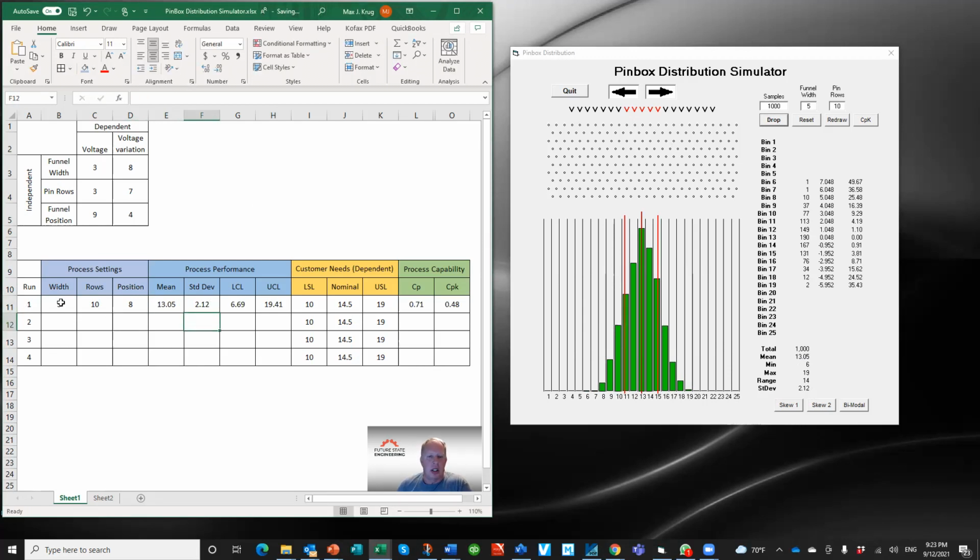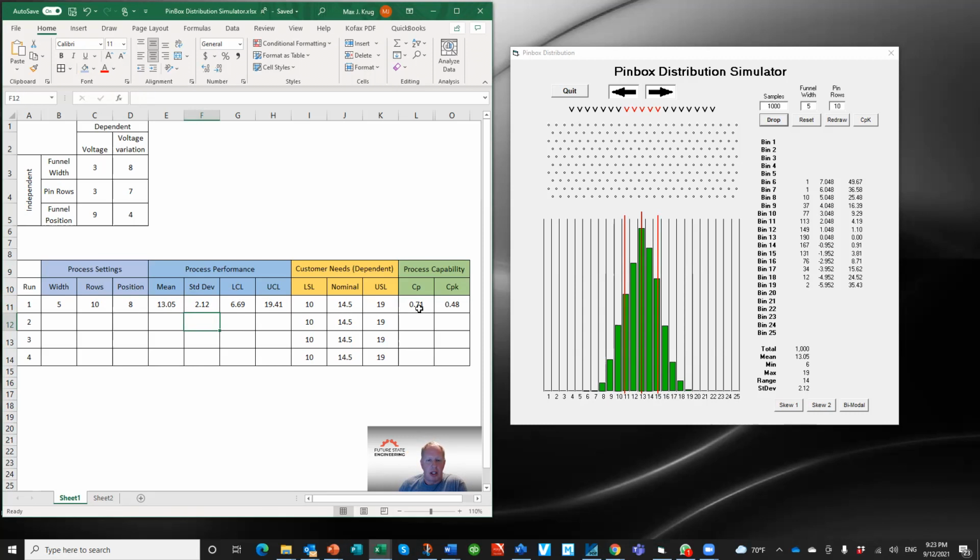So if I do the calculations, I see my lower control limit is 6.69, my upper control limit is 19.41. So that tells me my 6.69 is here, and my 19.41 is here. So I'm saying, okay, all the data is going to fall within that. But my customers want between 10 and 19.